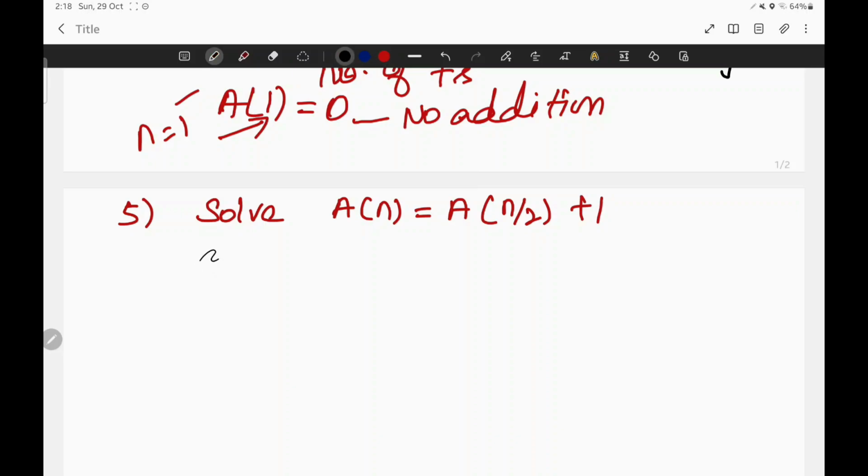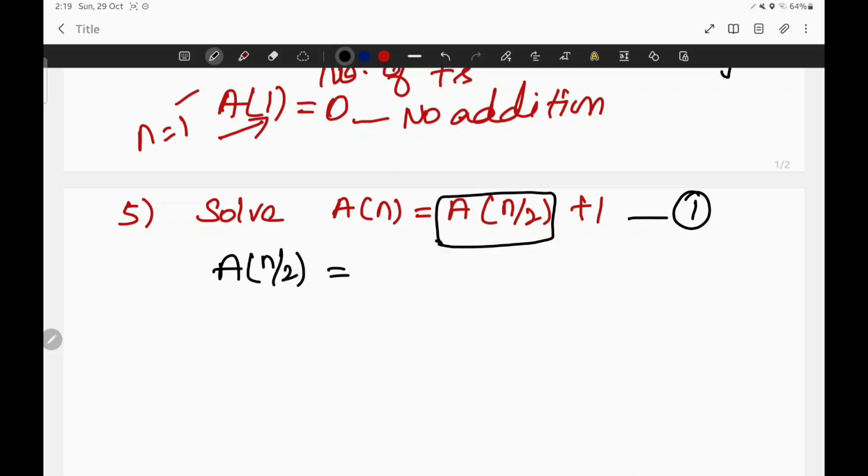So using the substitution method, we need to find the value for A of n by 2. A of n by 2 is equal to, we apply n by 2 in the place of n. Already 2 is there, plus 1 is there, we keep it as it is. So therefore A of n by 2 squared, already 2 is there.